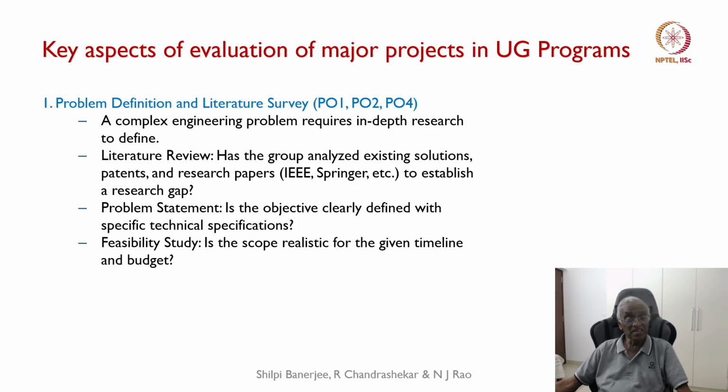Any complex engineering problem, we are assuming that an undergraduate project addresses a complex engineering problem. What is a complex engineering problem? It has multiple criteria, it has multiple stakeholders, and there are no unique solutions. Whatever solution that you finally choose will have to be justified.